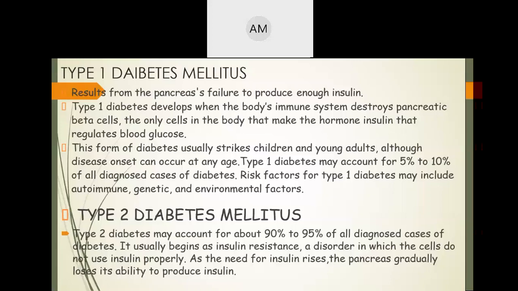So the cells do not use insulin properly. Because of that, the cells are unable to use the glucose, since the glucose doesn't go inside. As the need for insulin rises, the pancreas gradually loses its ability to produce insulin.